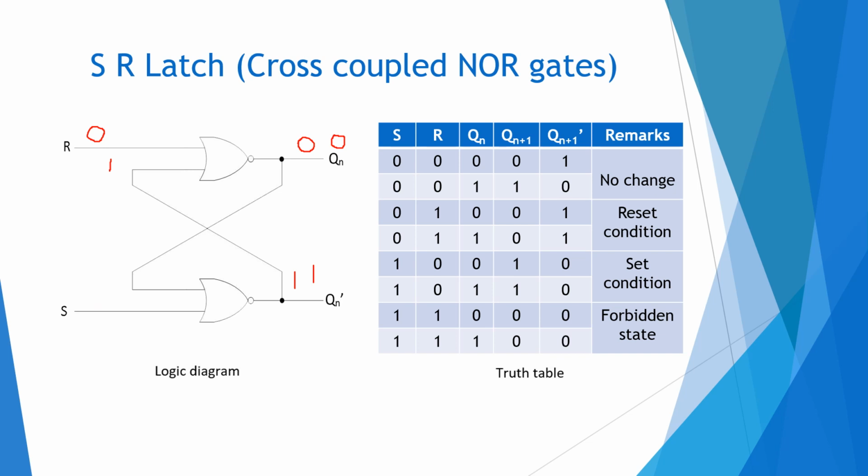Now let us see when Qn is equal to 1. So here again S is equal to 0, R is equal to 0, and Qn equal to 1, Qn bar equal to 0. So this 1 comes here.